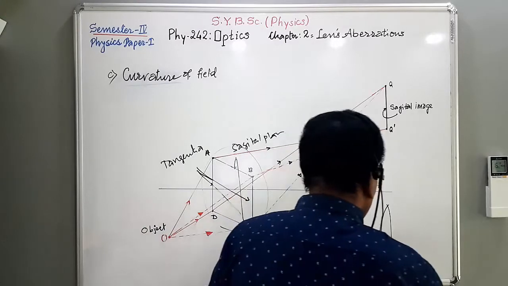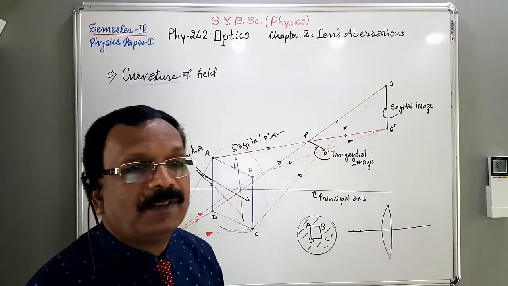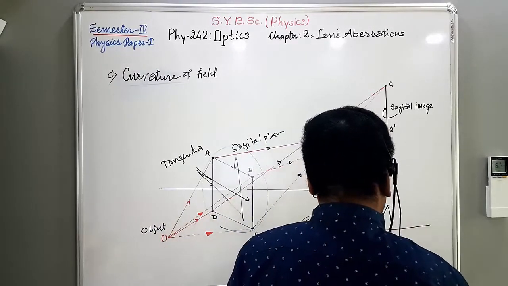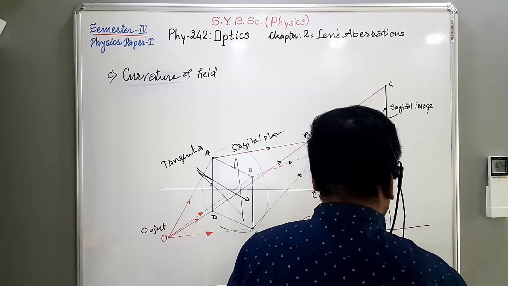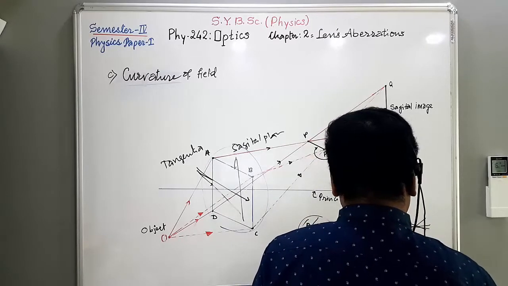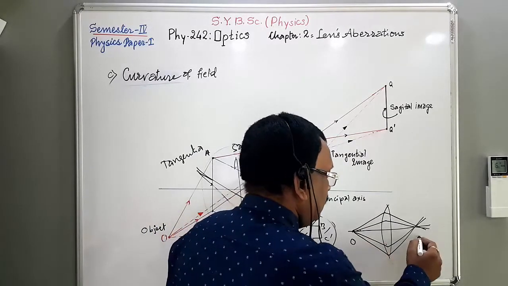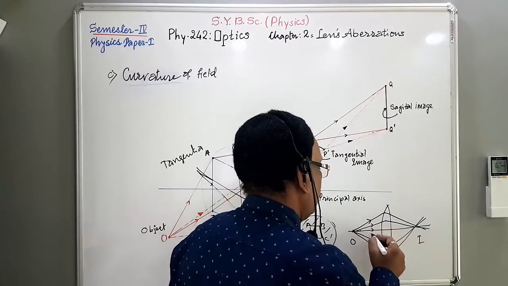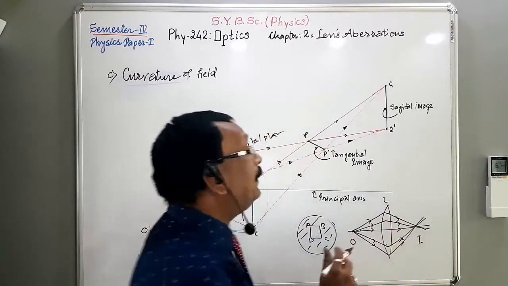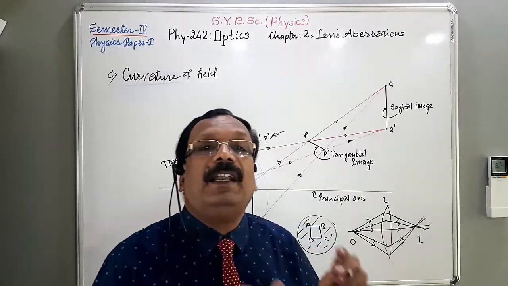And if we place the point object in front of this lens, then we will get the point image of the point object. This is point object O and this is image O. This lens is free from all the defects like spherical aberration, chromatic aberration and astigmatism.